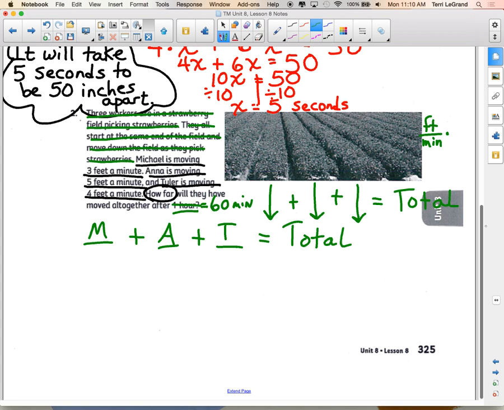What's that going to get multiplied by? Feet or minutes? Minutes, the thing on the bottom. So that our multiplication should represent the number of feet that they've moved. So now we need to say, what is x going to be then? How far? So what's x going to represent? Number of feet.